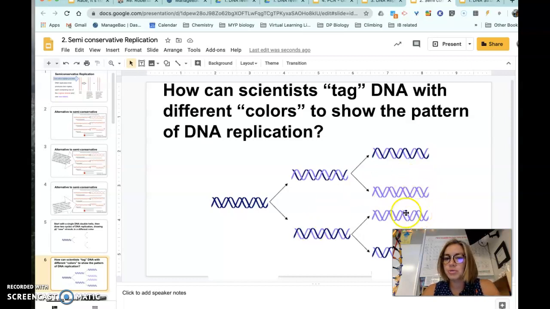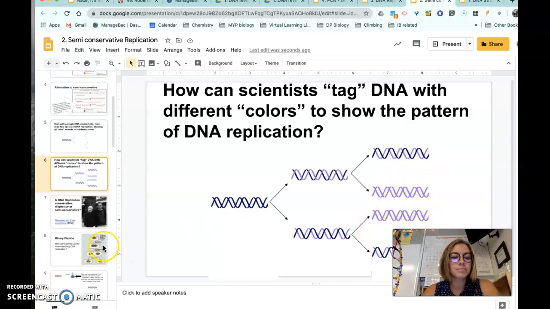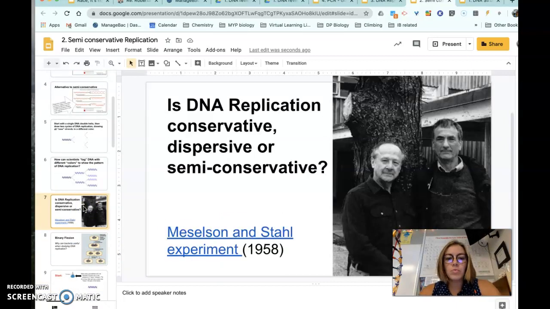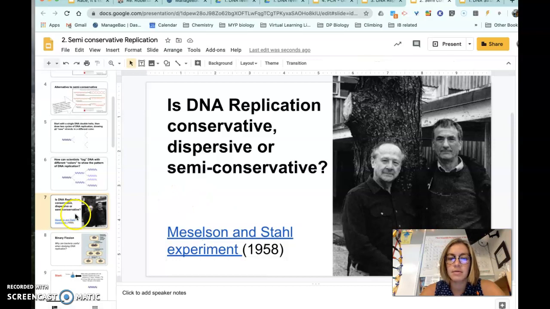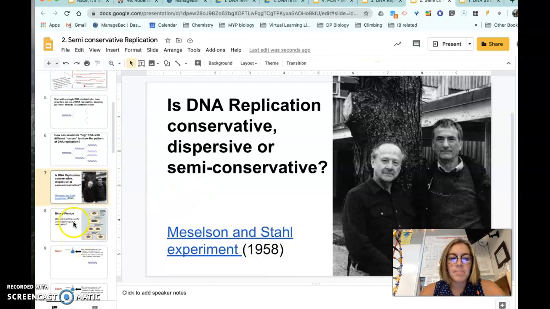And then when we go on to create new strands, we're going to continually add new strands. People were trying to identify: is DNA replication conservative, dispersive, or semi-conservative? I'd encourage you on your own to look at this link and open up the video for yourself to get an idea and visualize it. But we're going to go ahead and talk through it here.